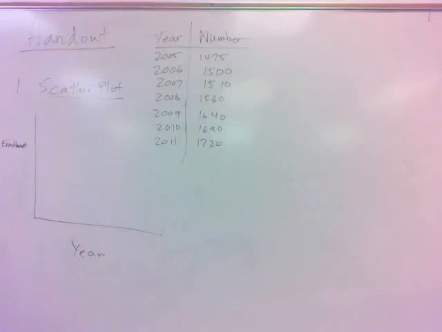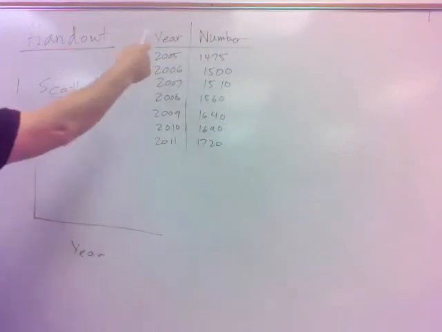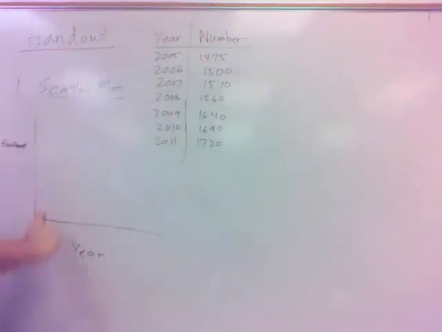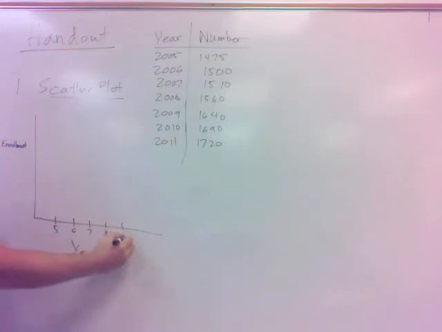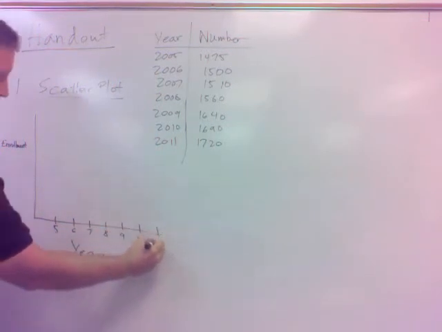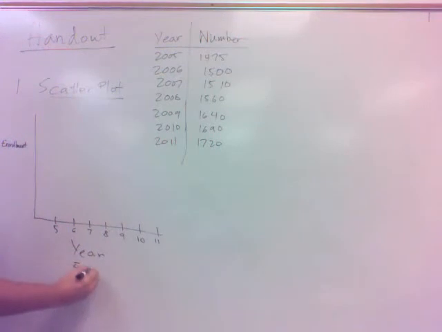Again, however you want to, I can mark it off 2005, 2006, but in a moment I will change this up anyway. So let me just say this is 5, 6, 7. Let me go ahead and make the transition here: 10 and then 11. So 5 is going to go to year 2005.